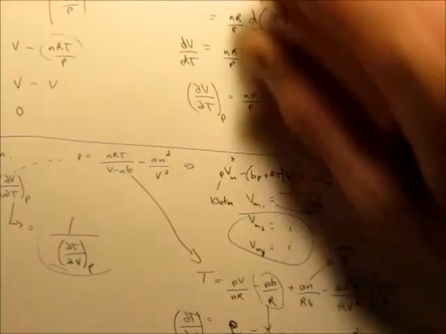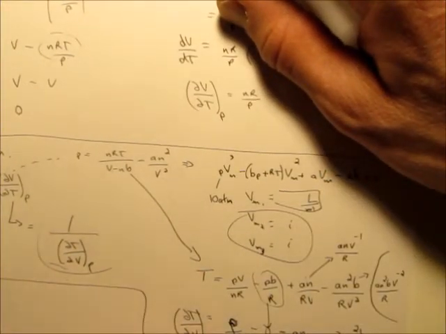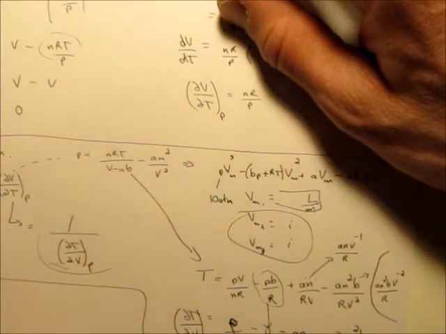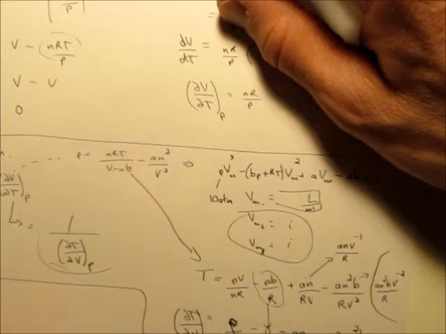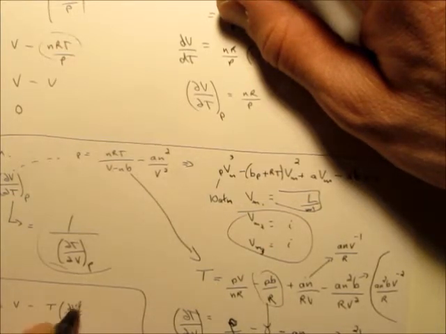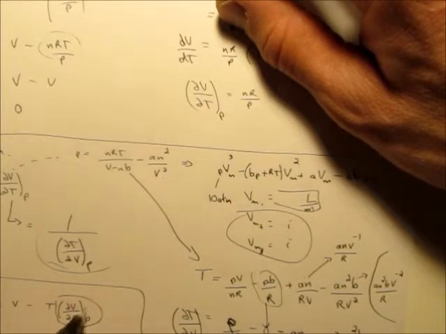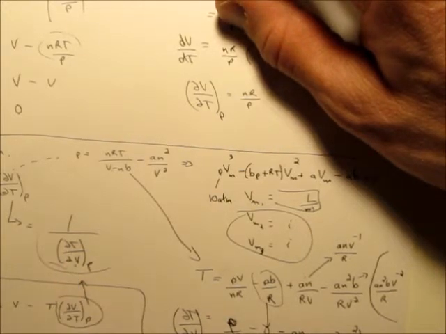So long story short, when you are working with the pi t thing, which looked like that, I'll call it mu t, you're going to get V minus T over del V del T P. V minus T. But we were replacing this with that. So now you get 1 over this, which is that.